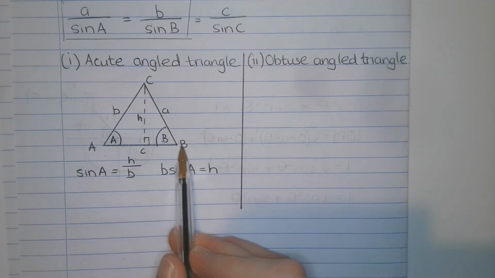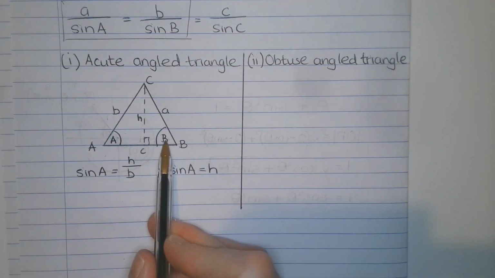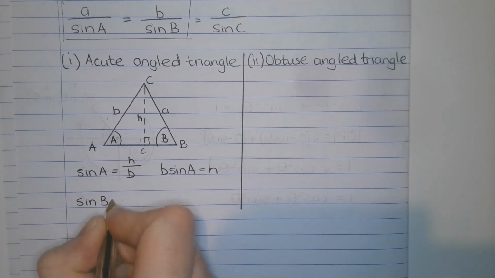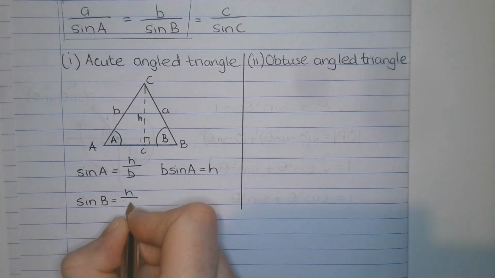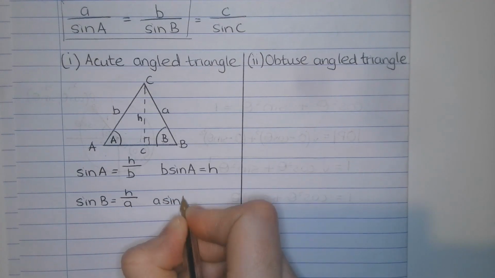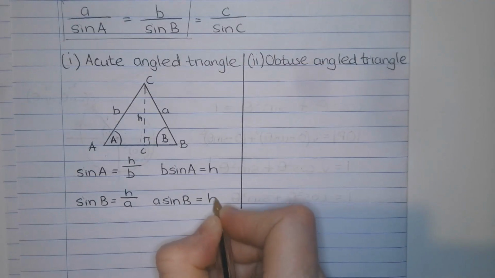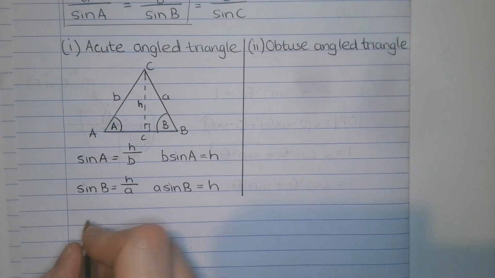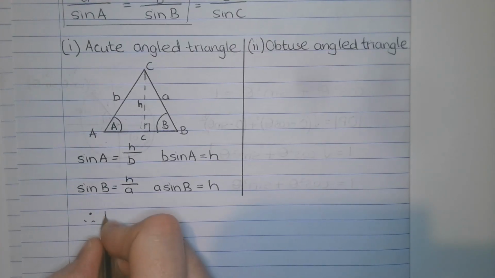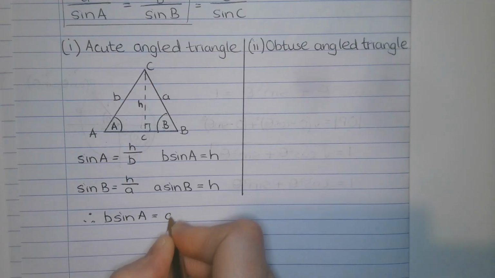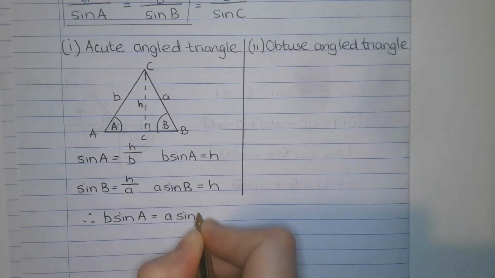In the right angle triangle to the right, with the angle B, we can say that the sine of B is equal to h over a. Therefore, a times the sine of B will be equal to h. And if both of those are equal to h, therefore, b sine A will be equal to a sine B.